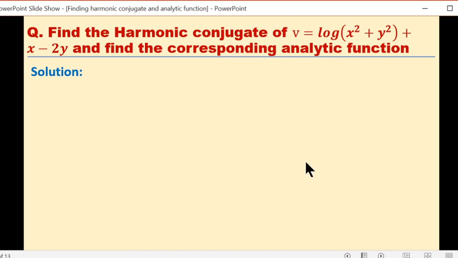What is given to us? We are given the v. v is the imaginary part, correct? So v equals log of x square plus y square plus x minus 2y. We are given the imaginary part.